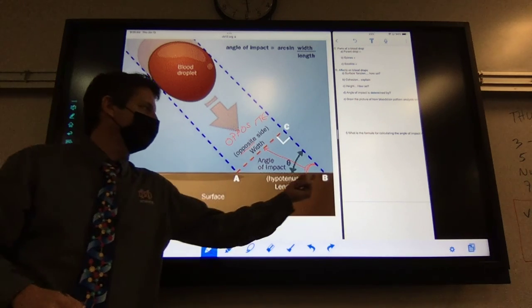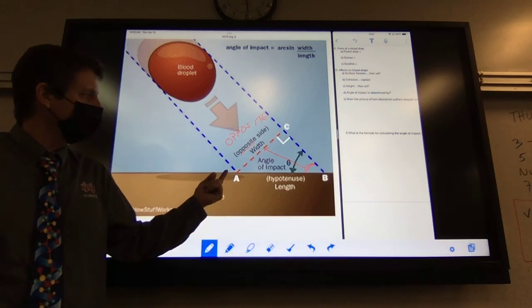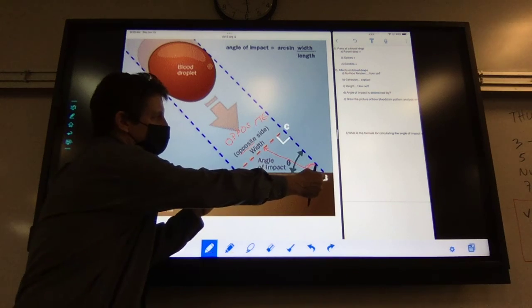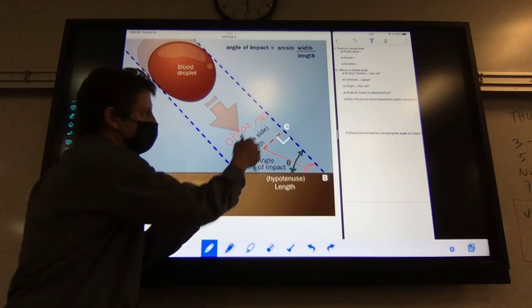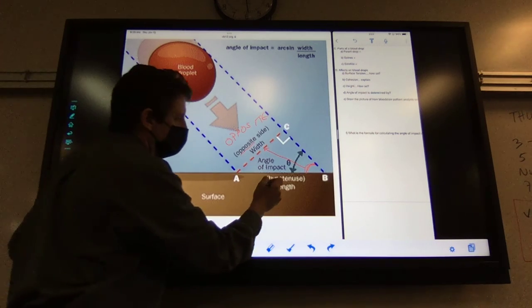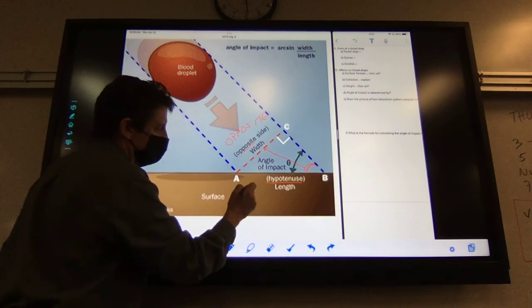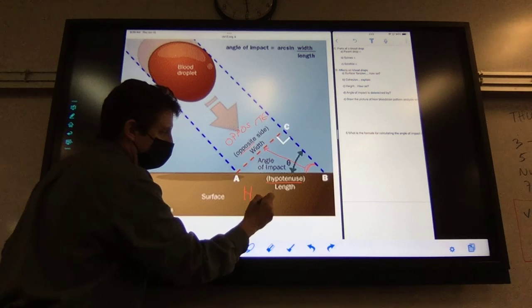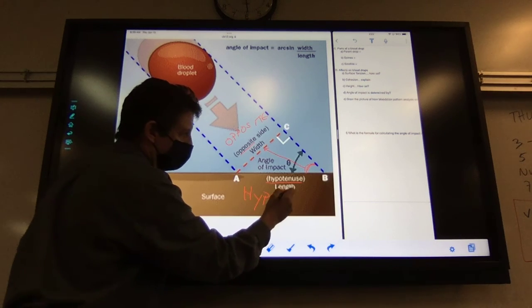The long part of a right triangle, the long length of the line between A and B, that's the longest one. That's longer than A and C and B and C. So this is called the hypotenuse. That's what it says right there.